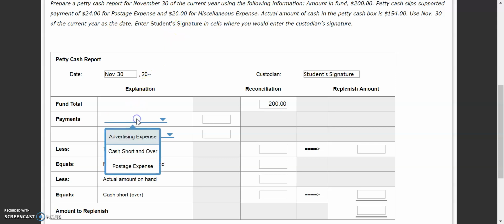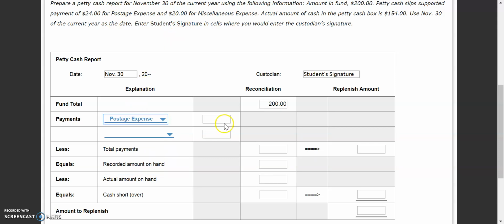So we just go in the order they were given to us. Postage expense is $24, and miscellaneous expense of $20, which means that we had total payments of $44 made throughout the month.